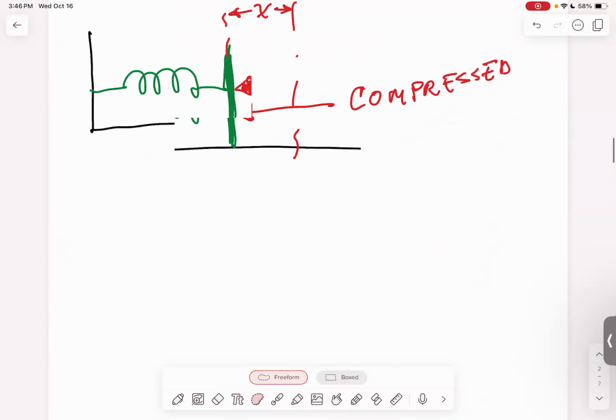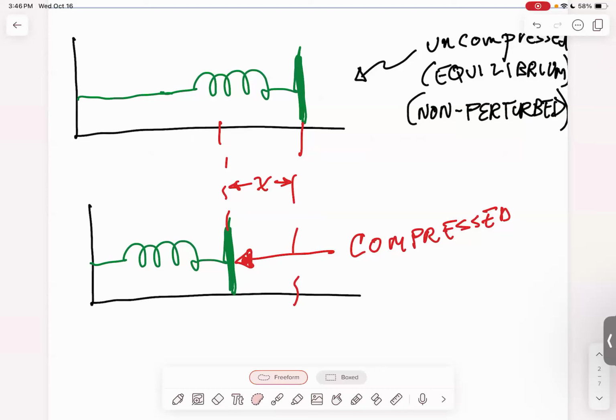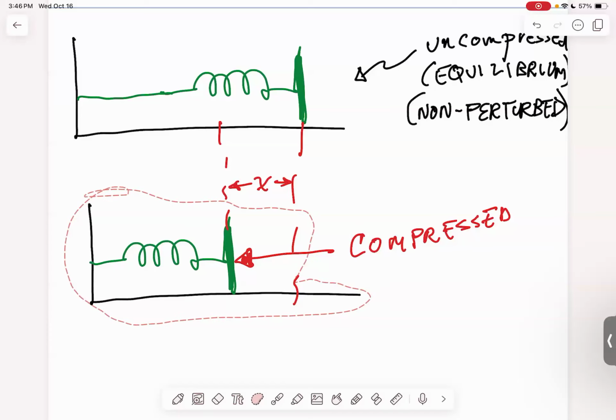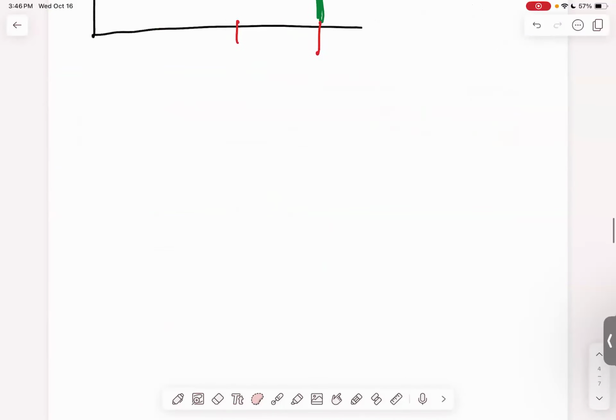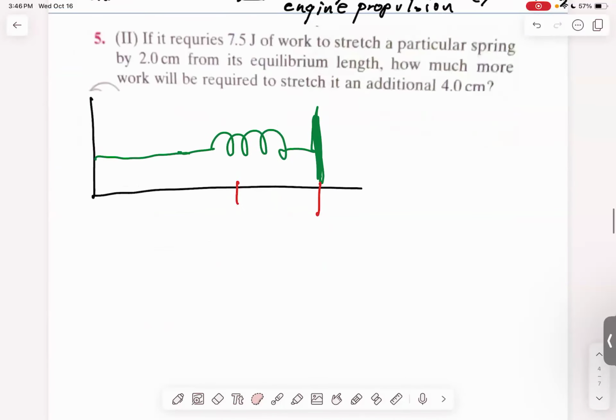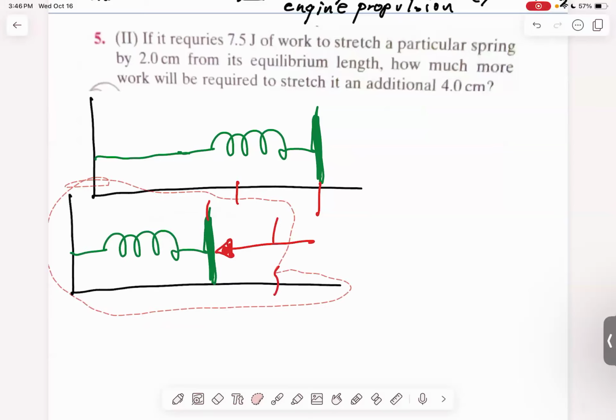Let's grab the other picture so I don't have to keep redrawing these things. We'll use this first picture. We're going to go from an uncompressed spring to a pulled, stretched spring.